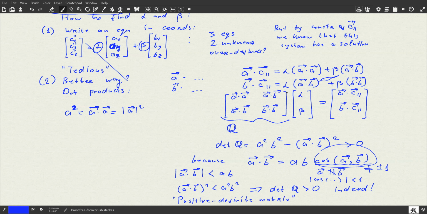From which you can see immediately that the system is solvable, so you can really solve it, and you determine alpha and beta. So your vector alpha beta exists and is unique.